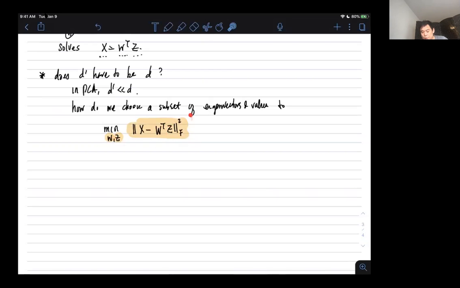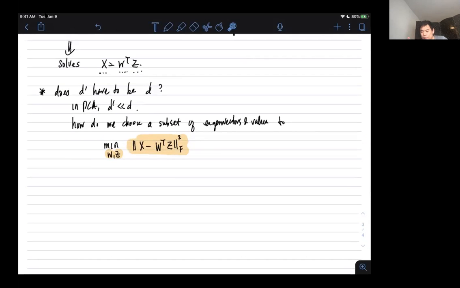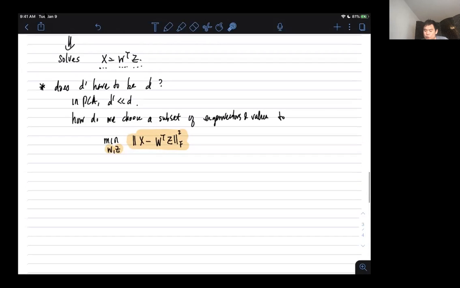We were still solving this problem. We know how to get the code matrix and the weight matrix to satisfy the constraint of the diagonal covariance of the code random variable. All we need to do now is select a subset of those eigenvalues and vectors so as to minimize this Frobenius norm of the difference between the input matrix and the product of the weight and the code matrix. Now, how will we do that?